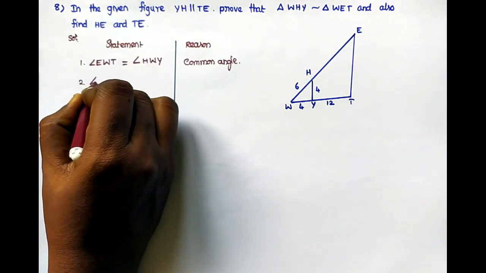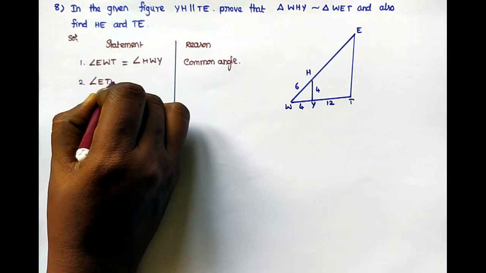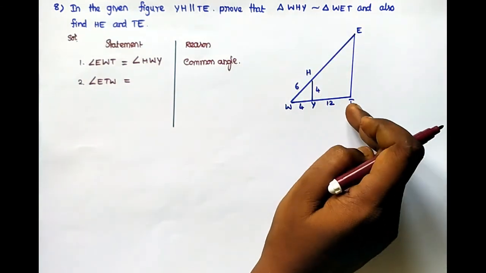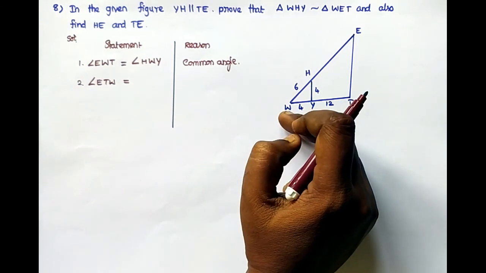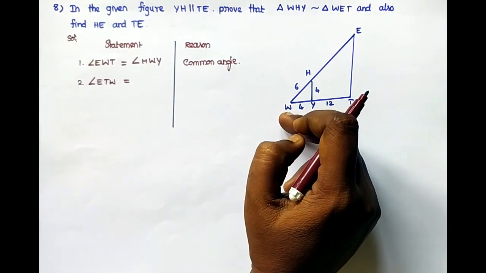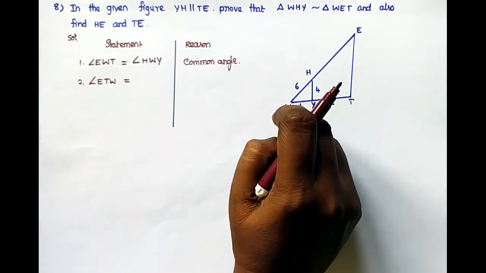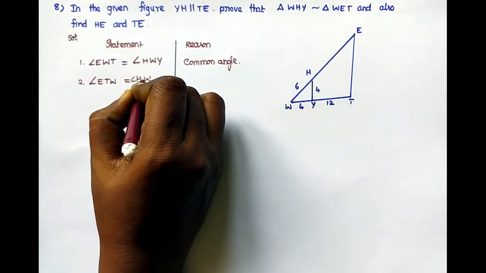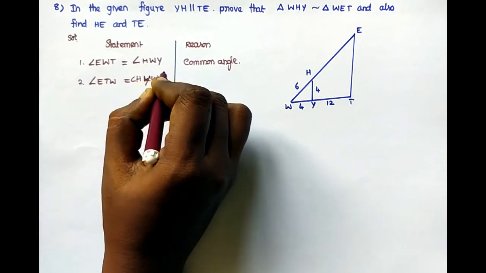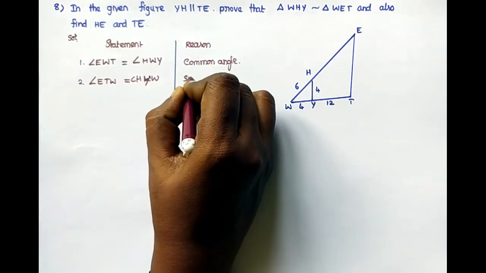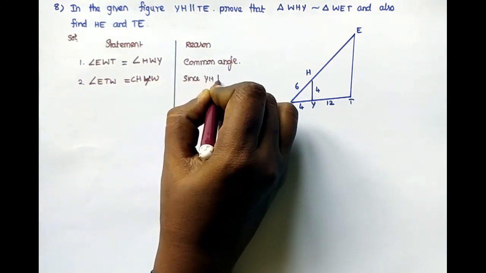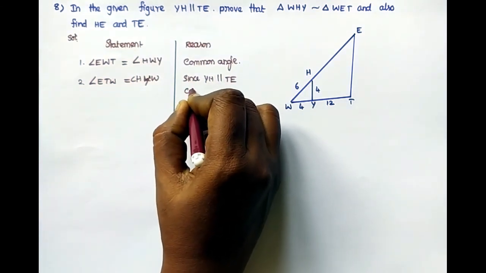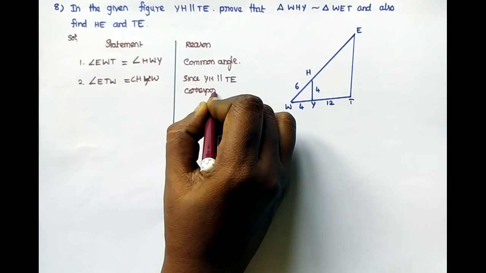Next, angle ETW is equal to angle HYW, since YH is parallel to TE, that is corresponding angles.